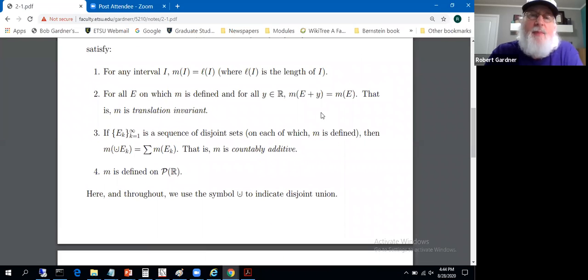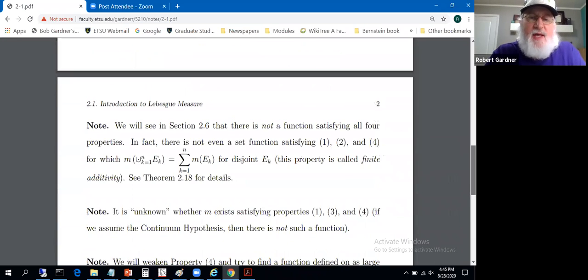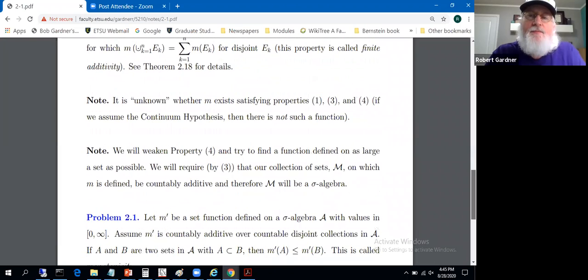So this time they've abandoned translation invariance just to keep the measure of an interval as its length. Countable additivity, we need countable additivity. We can't get away with just finite additivity, really, to set up integration. And defined on the power set of the reals. It's this one that's causing the trouble, and it's this one we'll eventually abandon when setting up Lebesgue measure.